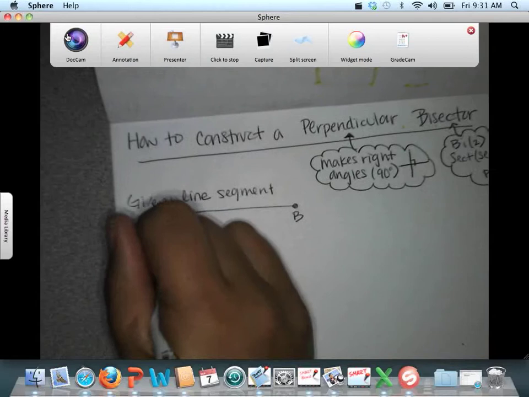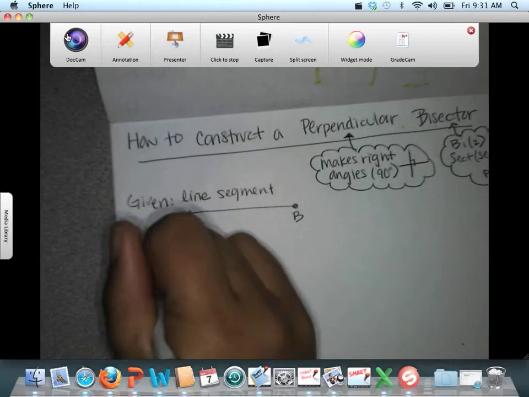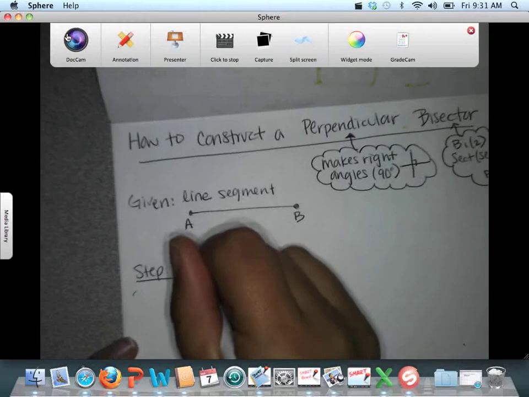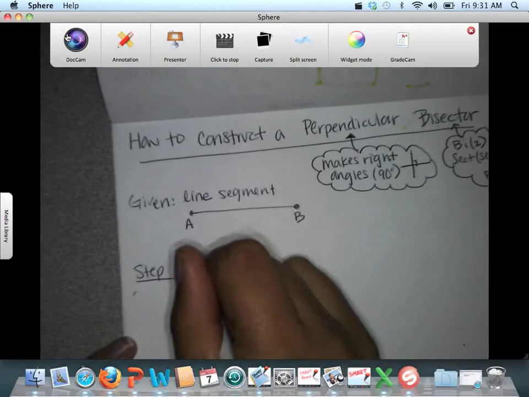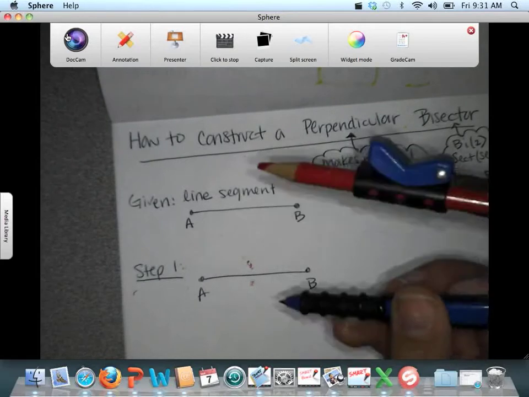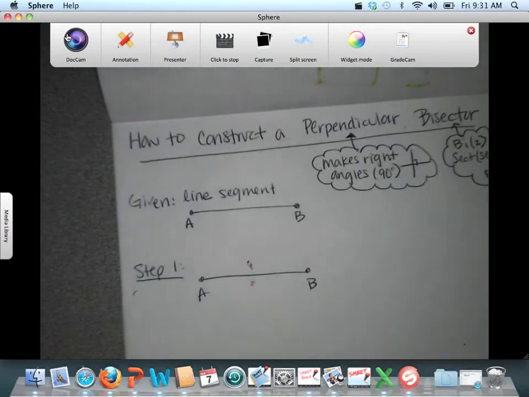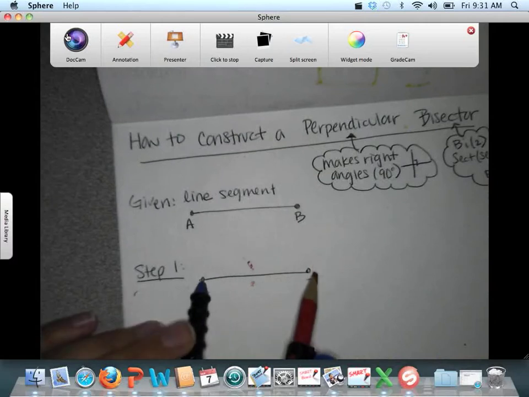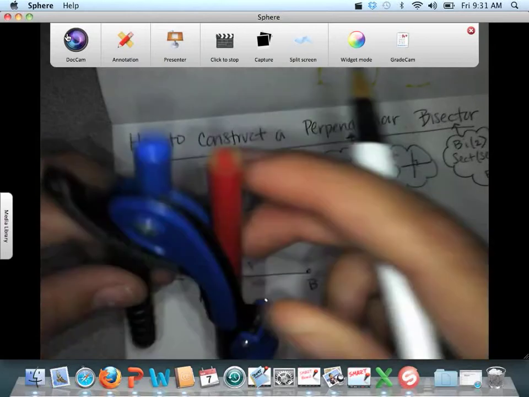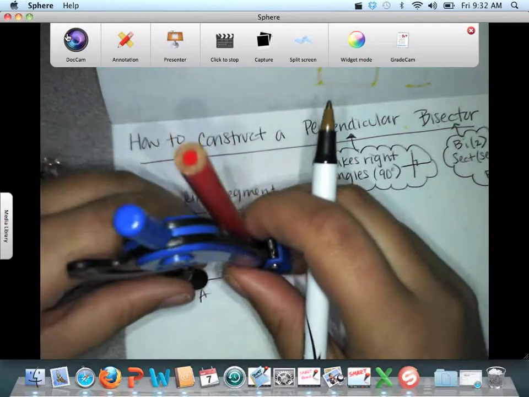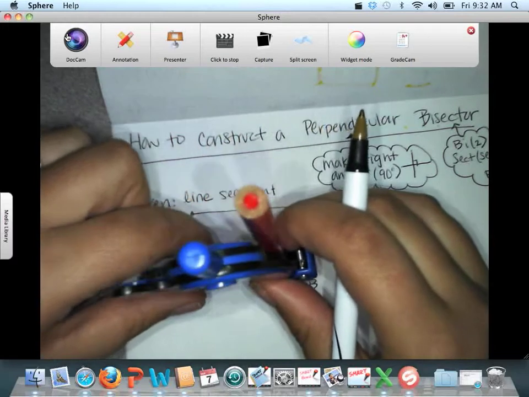Okay, so step one is you have your line segment, and you take your compass and put the pointy part on one of the points. Notice how it's open all the way? You want to open it so that it's more than half.